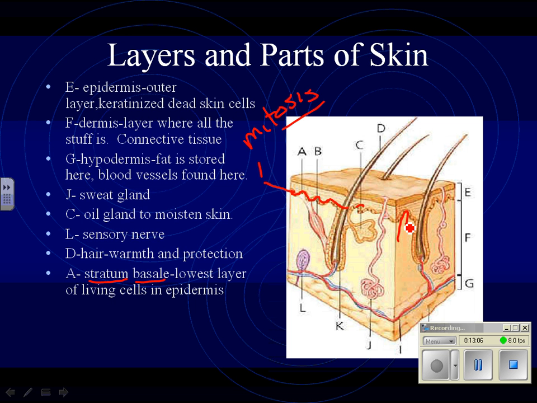And in your fingers and toes, these are regular ridges, which is where your fingerprints are. The stratum basale is where rapid mitosis is taking place and cells are being produced to grow and take the place of the epidermis that's constantly flaking off.